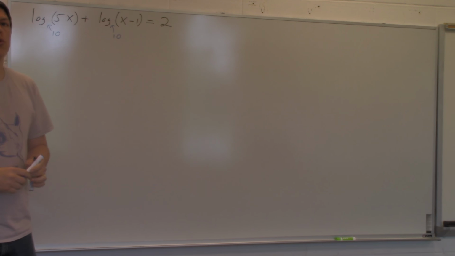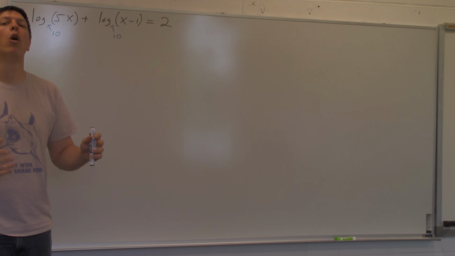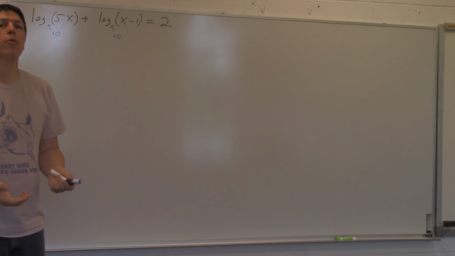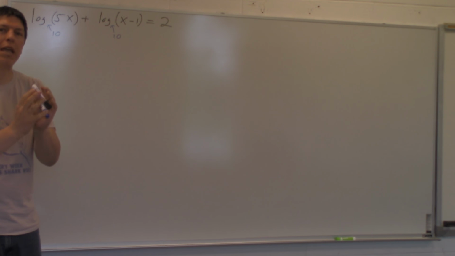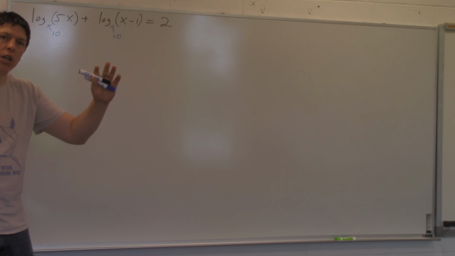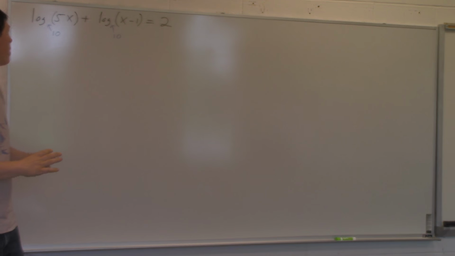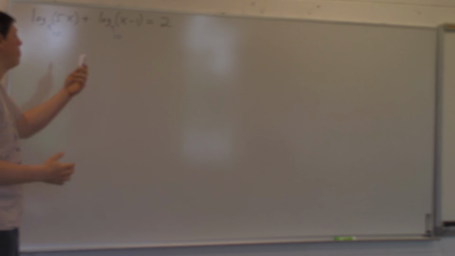One of the things that we want to do with this is start by trying to get one logarithm. You might remember that we had our rules of logarithms, where if we added two logs of the same base together, it becomes a single log with base 10, and we just multiply what's being operated upon.